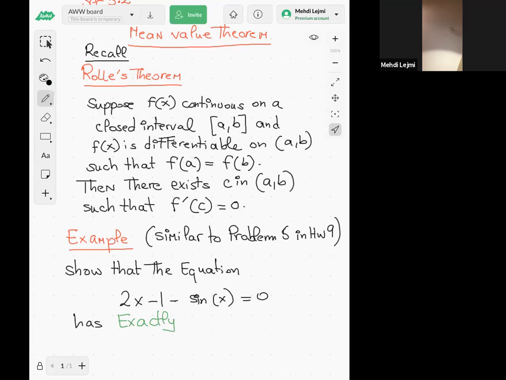When I say a root, it means a solution; it's the same thing, solution or root. So exactly one solution or exactly one root, on the interval 0 to pi, let's say.